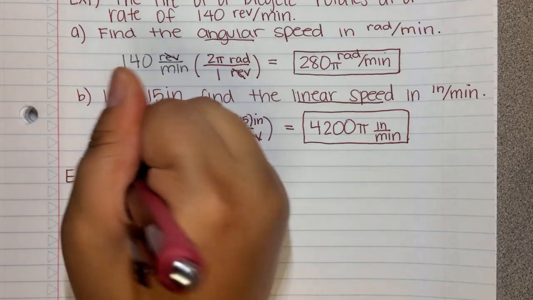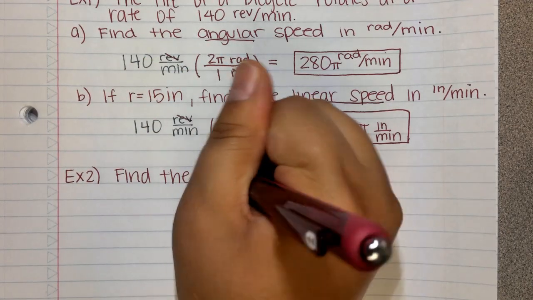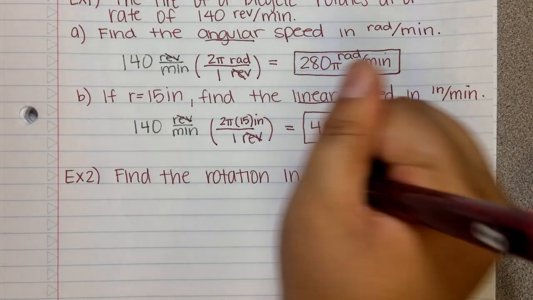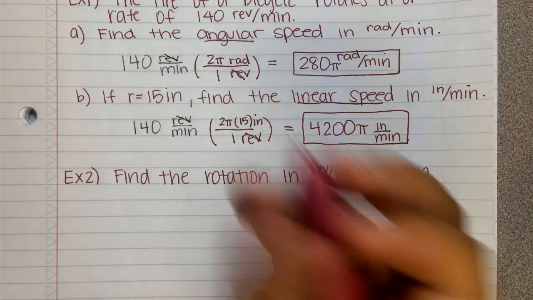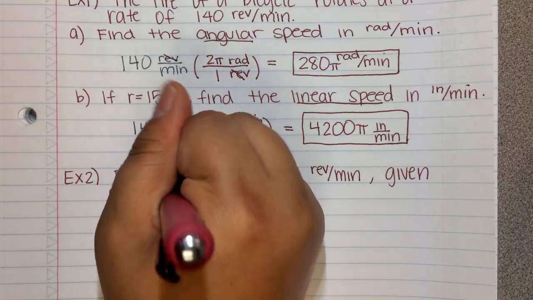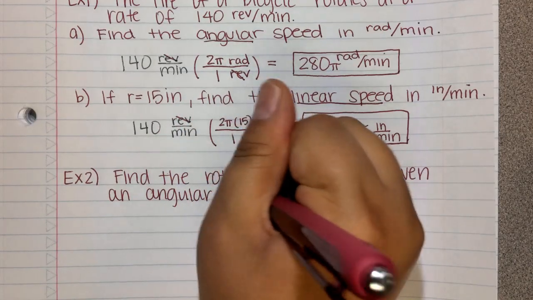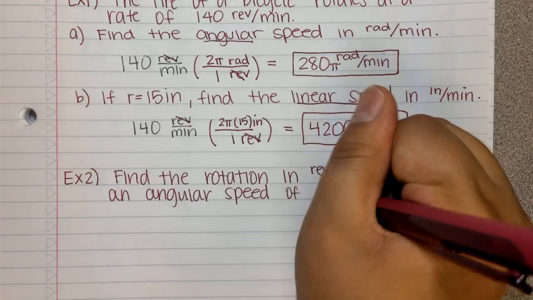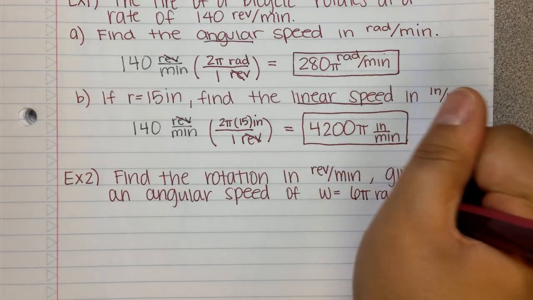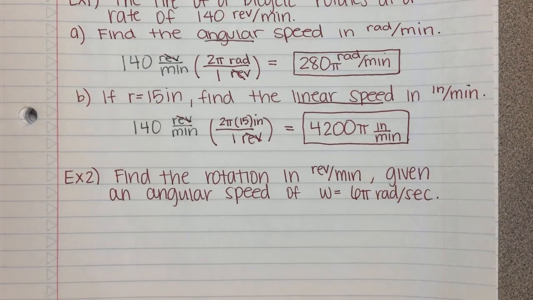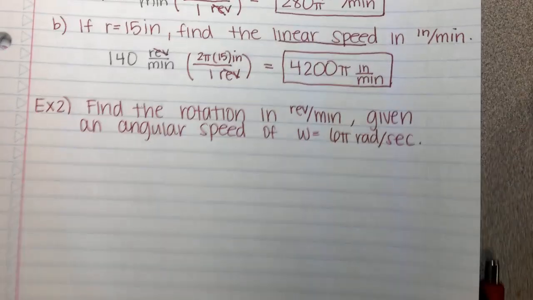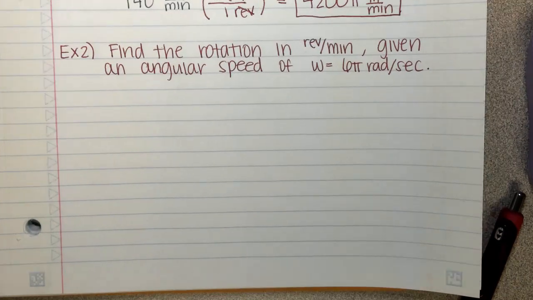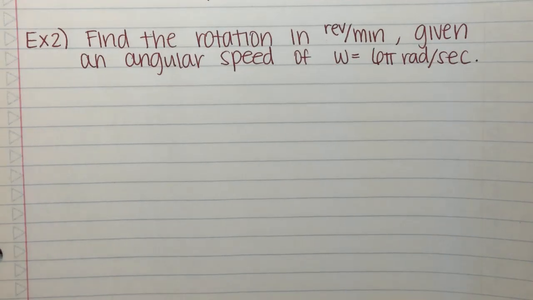Example 2. Find the rotation in revs per minute given an angular speed of 6 pi radians per second. Can you go from radians per second to revs per minute?